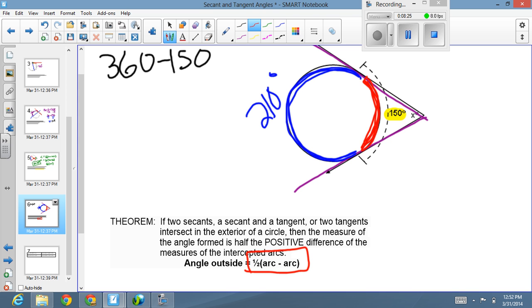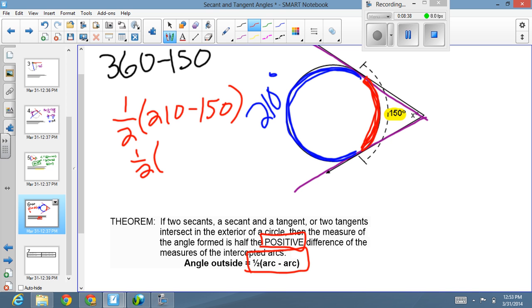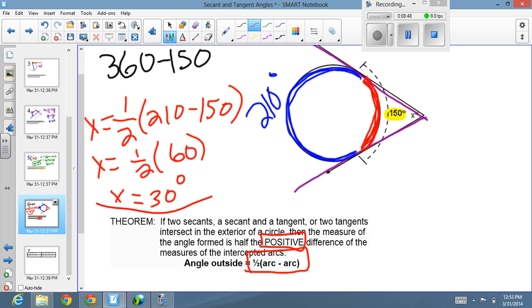Just do the bigger minus the smaller because we want to know the positive difference. So I'm going to do 1/2 of 210 minus 150. So that's half of 60, which is 30. So I know that this right here is a 30 degree angle.